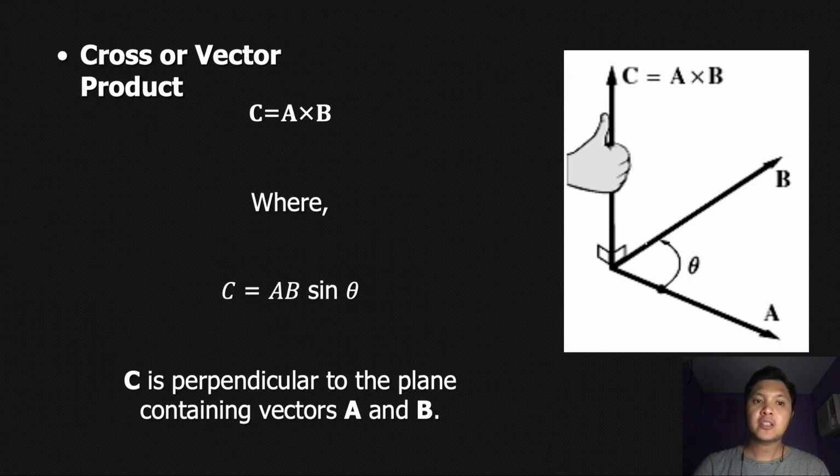The second way to multiply vectors is the cross product or vector product, where C is equal to A cross B, where C is AB sine of theta.